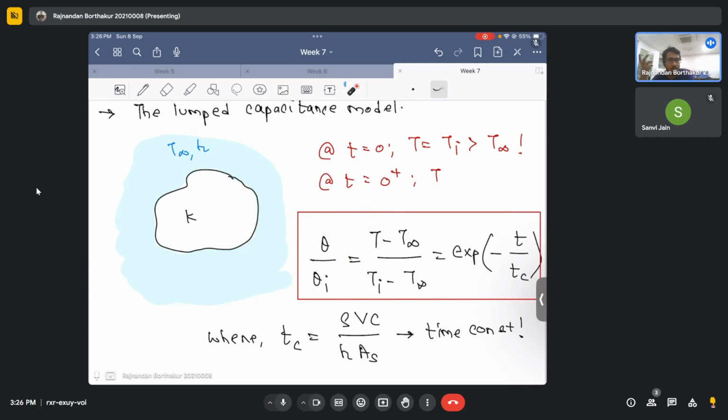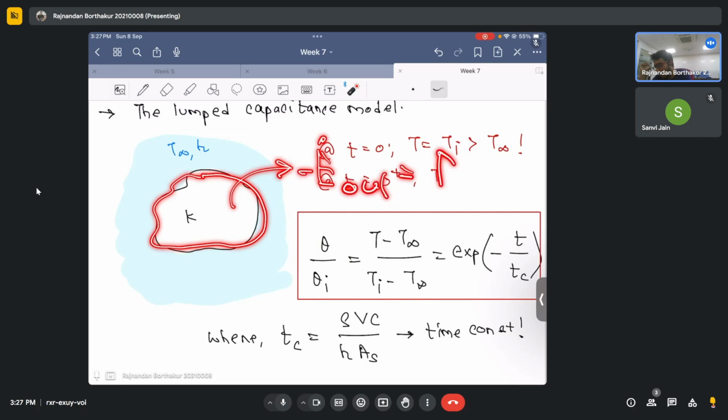Now if you ask me how I get this expression, the detailed derivation was shown in the week's lecture, but the broad idea is to consider this as a control volume and apply the energy principle, which is basically minus E dot out is equal to the rate at which the energy is changing inside the control volume. I'll write it as E dot storage.